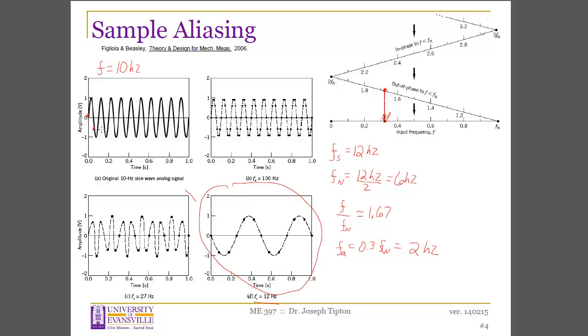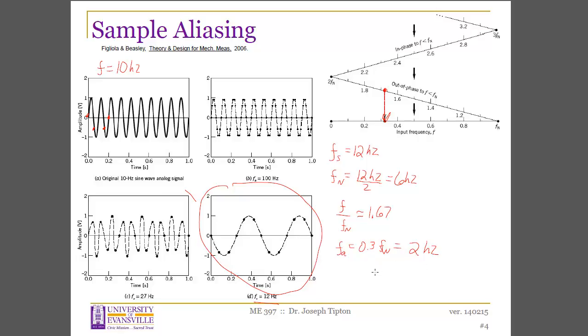My next sample is taken somewhere here, it would appear. And then my next sample is taken somewhere here, etc. When you reconstruct your signal based on the data you've taken, you end up with something at a much lower frequency. In this case, 1, 2 oscillations per second, or 2 Hertz.